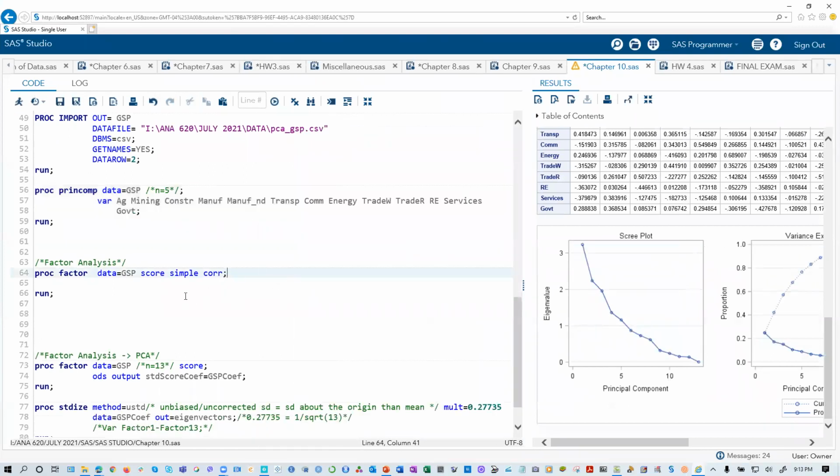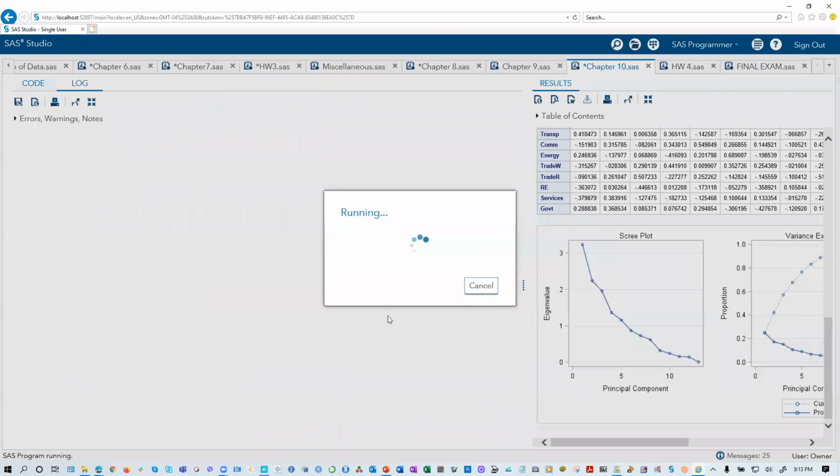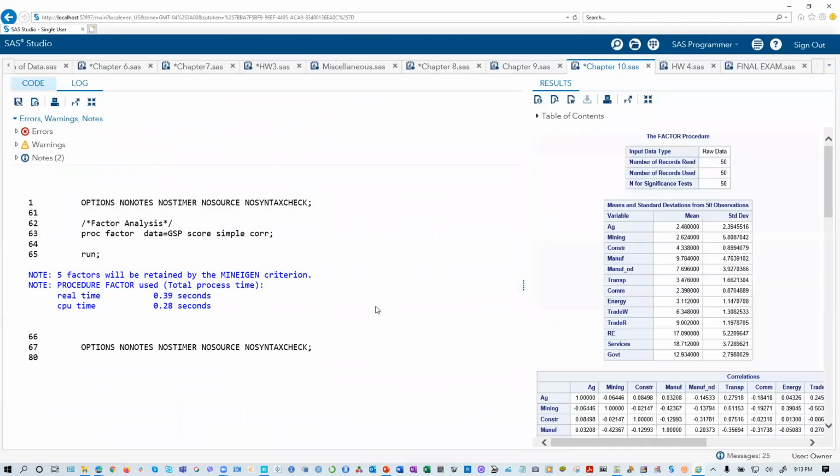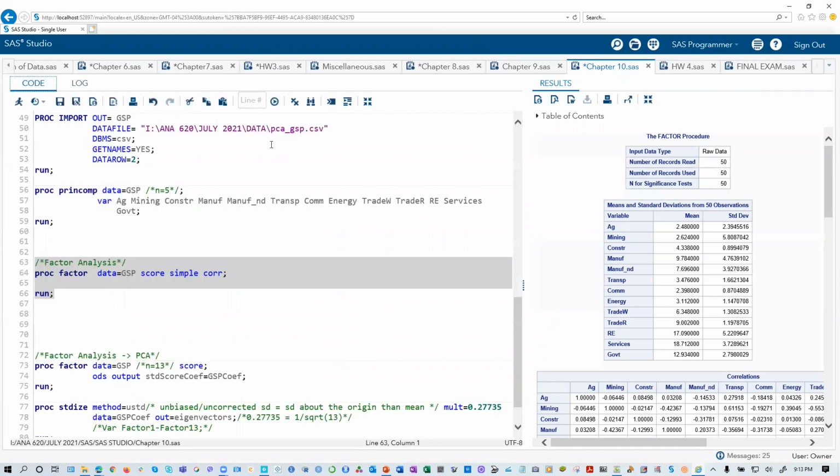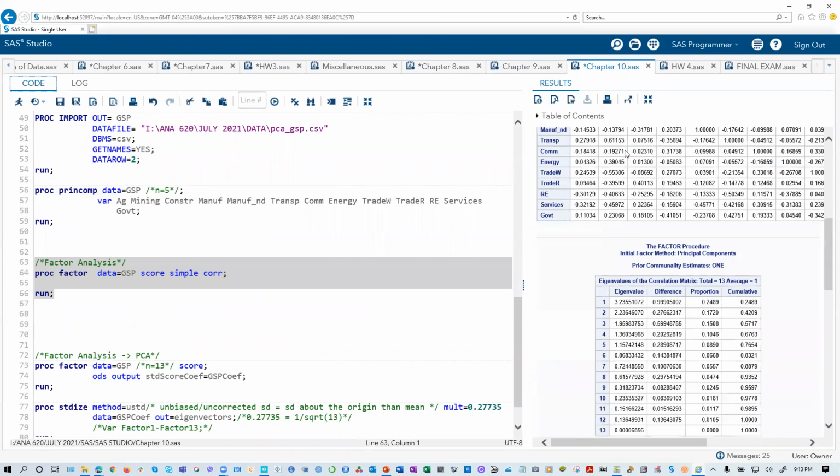Factor analysis. We were looking for those scores, the simple descriptive statistics and the correlations. Let's see what's going to happen. These are the mean and standard deviation, the simple ones. And this is the correlation too.